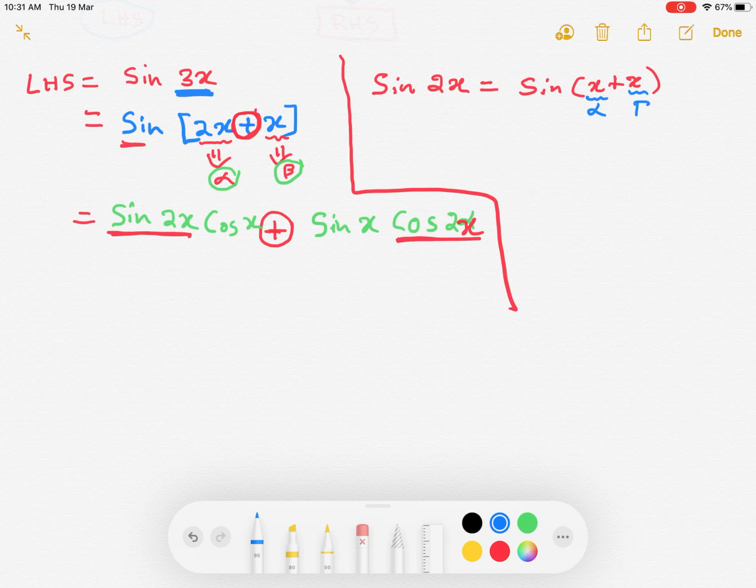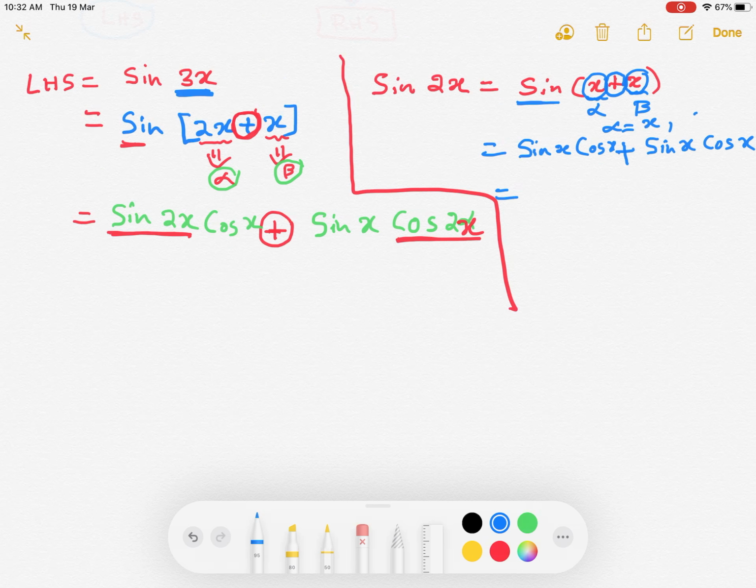So here this is alpha and this is beta. Alpha and beta are same, and this is plus. So in the formula also it will be plus because it is sine function. Sine alpha cosine beta, sine x cosine x, sine x cosine x, because the alpha and beta are same.